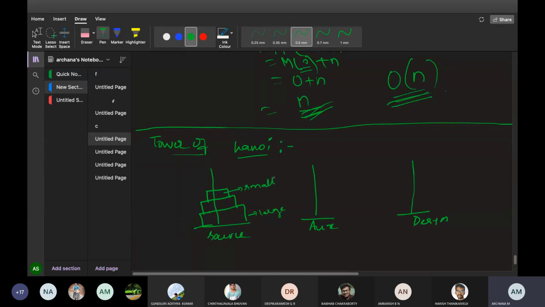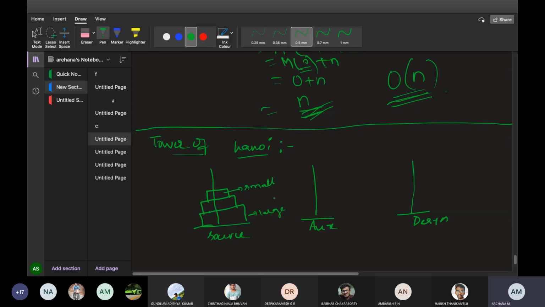Okay, and you people have to move all the disks from source to the destination, but you should not directly move everything. What is the condition in Tower of Hanoi when you are moving the plates from one place to another? What is a very important condition?